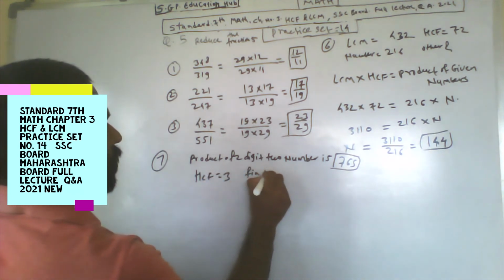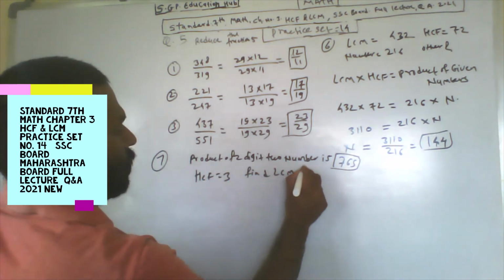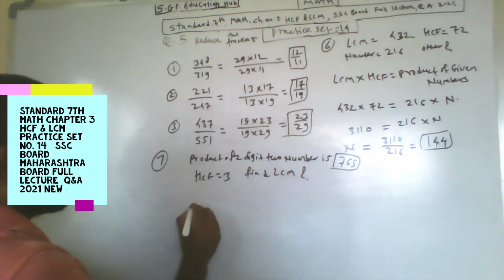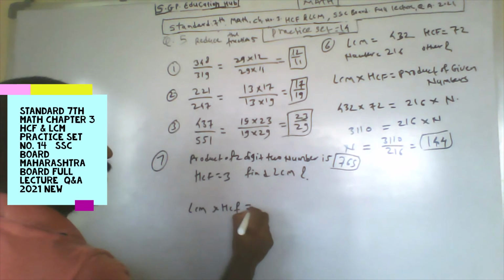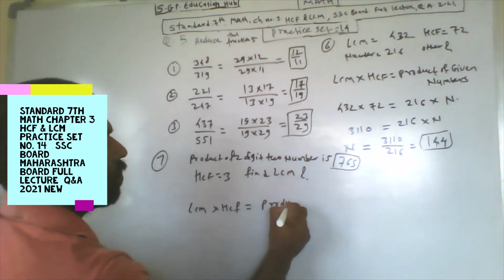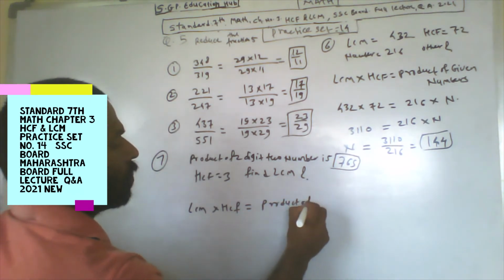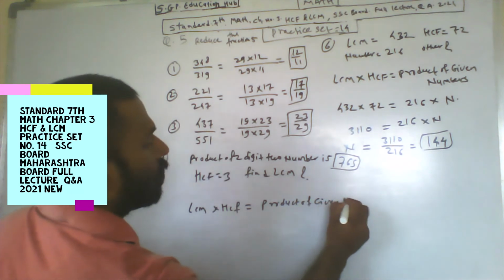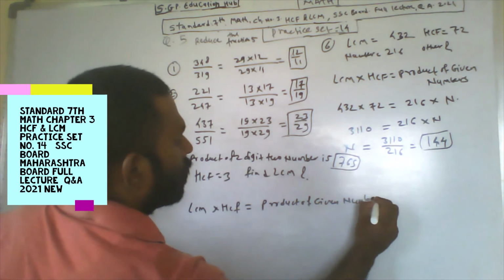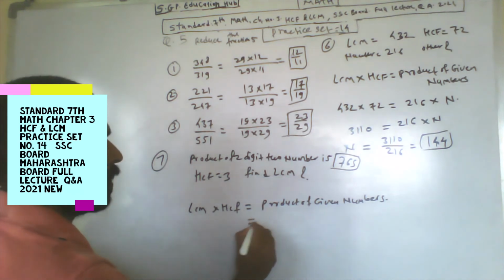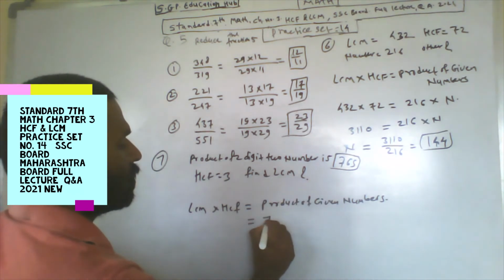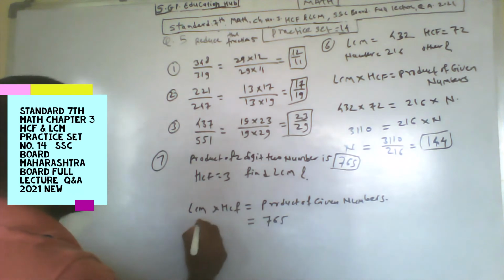Okay, the formula is LCM into HCF is equal to the product of the given numbers. We have the product of given numbers, so put the value. We have 765 equals HCF 3 into LCM.